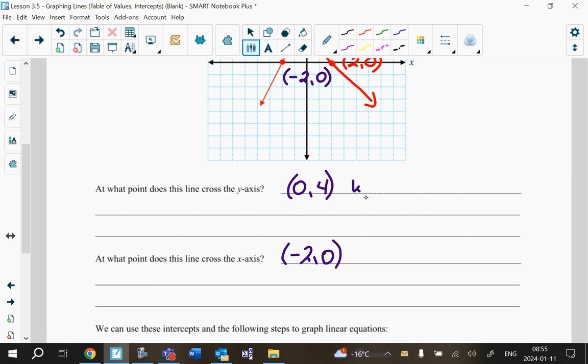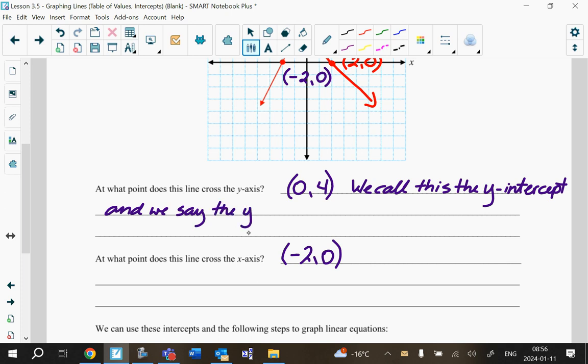We call this the y-intercept. Kind of makes sense, where it intercepts the y. Okay? And we say the y-intercept, we don't use the point to name the y-intercept.